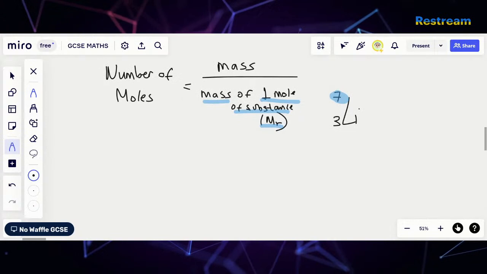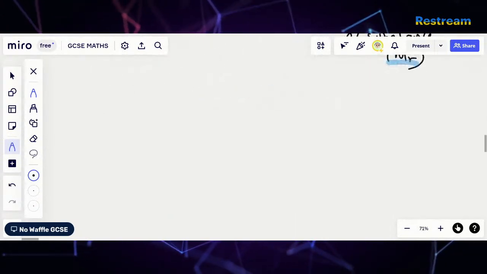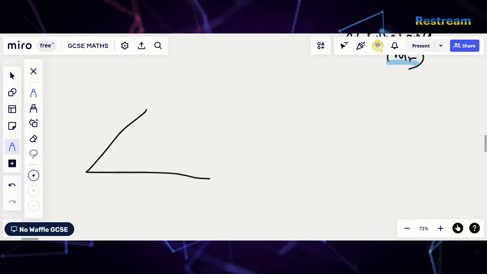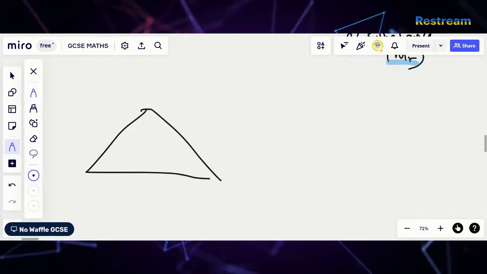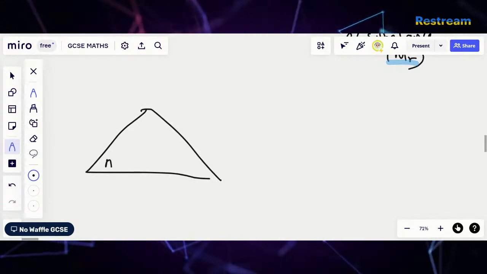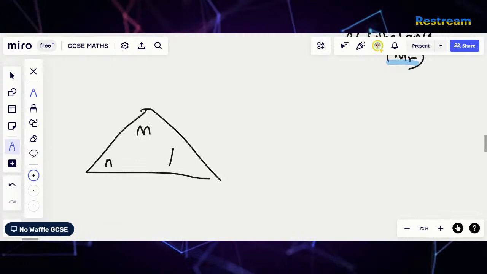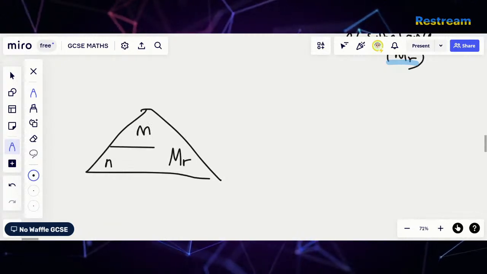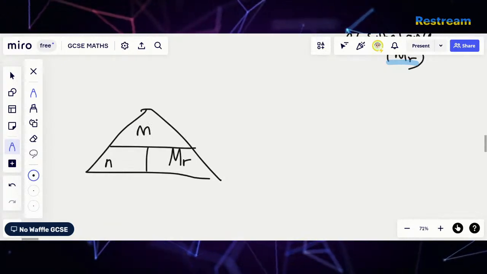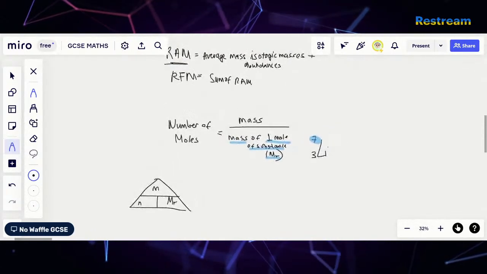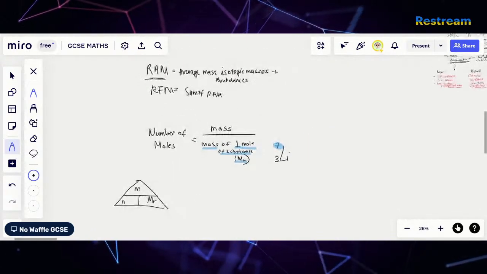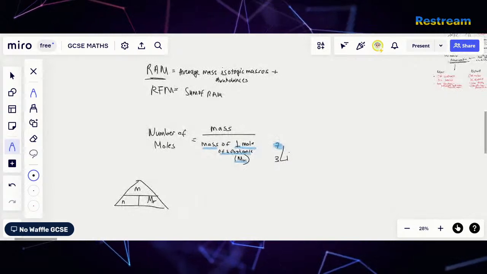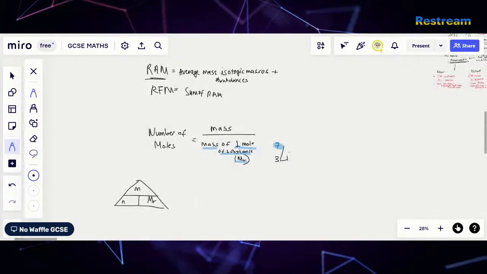When we go through key equations, I'm just going to put them as triangles because I know some people like learning from triangles. So number of moles is equal to mass divided by the mass number. It's the key equation there. Now we also have another equation.